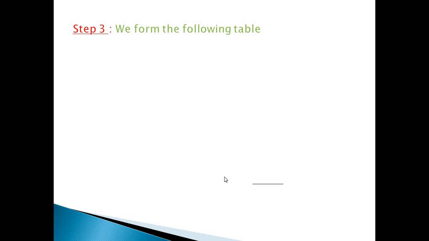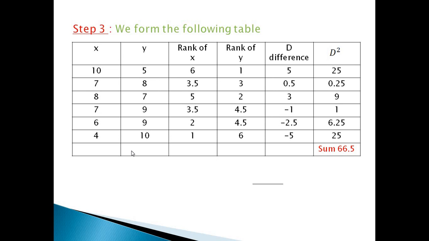Step 3, we're gonna form the table which consists of 6 columns as we see here. First column for x values without arranging. Column y, the values of y. And now we're gonna write the rank of x.